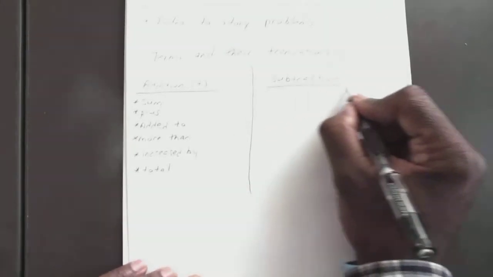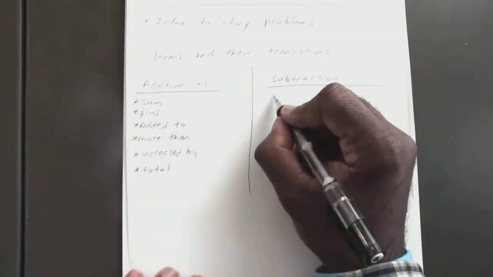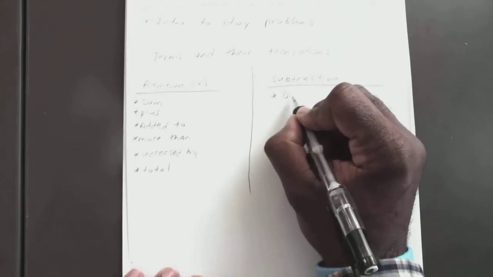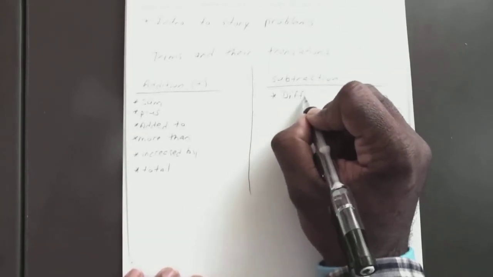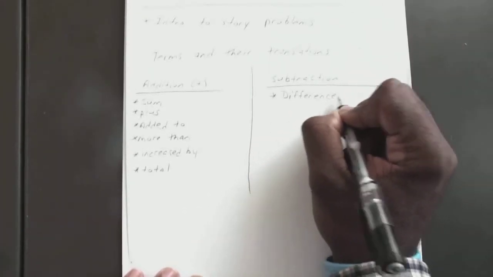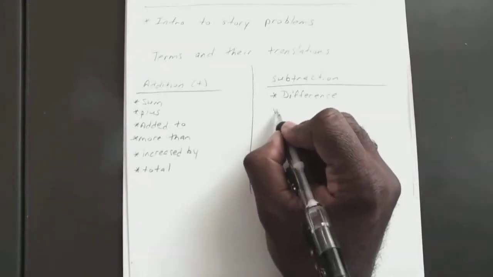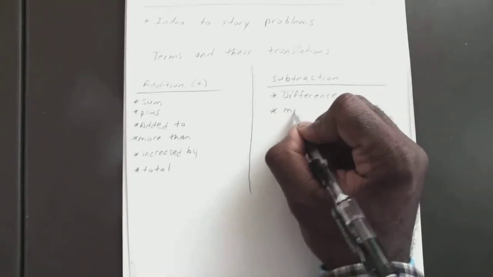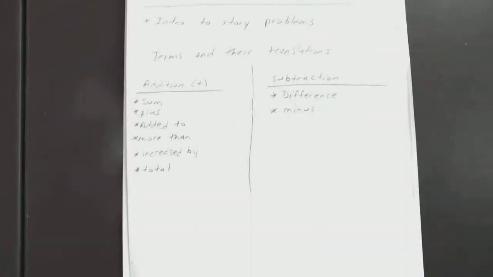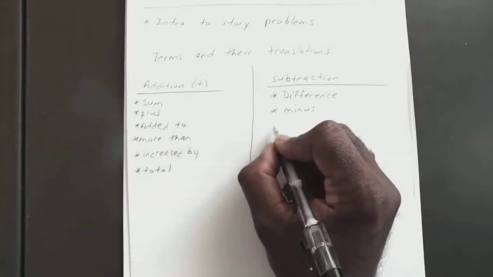Now with subtraction, you're going to see the word difference. It could be difference of, difference between, but you'll see difference. They'll just come out and say minus sometimes. Instead of added to, it'll be subtracted from.